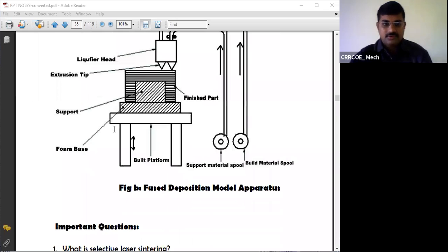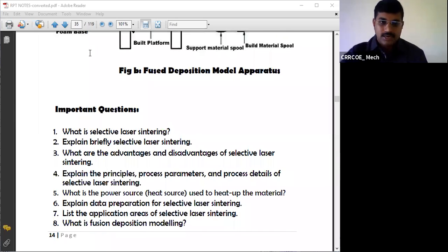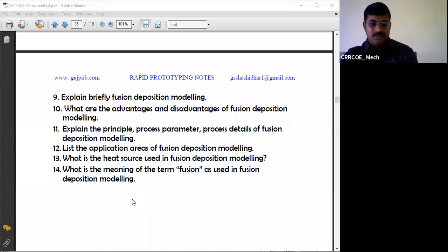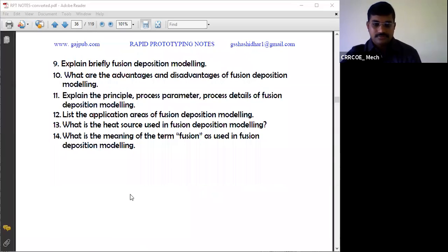There is a questionnaire for FDM technique, and SLS and FDM. They have given it for the 2 methods. We have totally 14 questions.